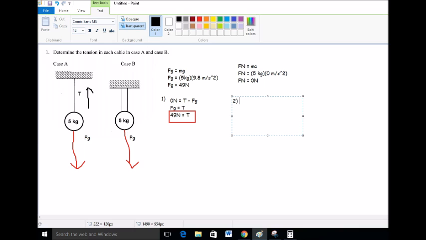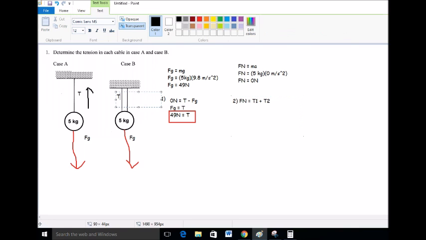So now for the second case, the only difference here is that there are 2 ropes. So we could use the same equation, which would be Fn equal, but because there are 2 ropes, there would be T1 and there would be a T2.